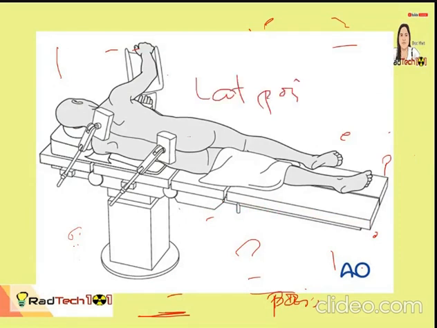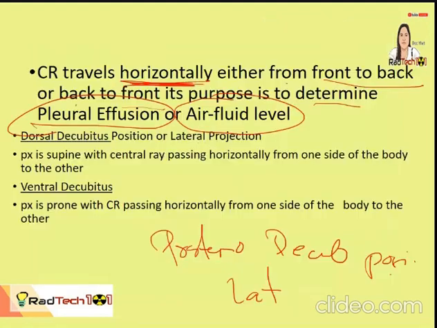But if the patient is lying either supine or prone, if supine, it is dorsal decubitus. The patient is supine. This is the ventral, the dorsal portion.